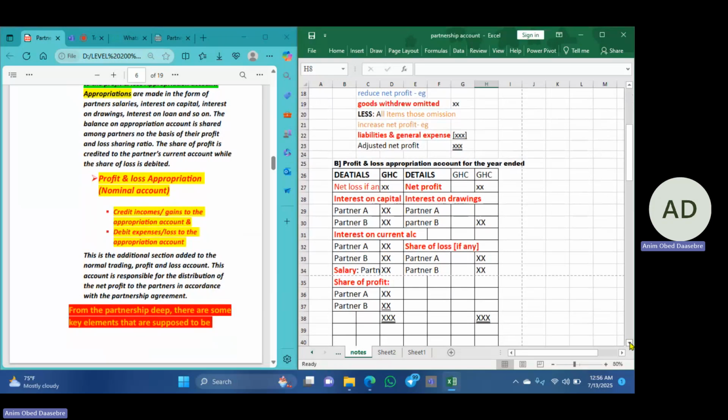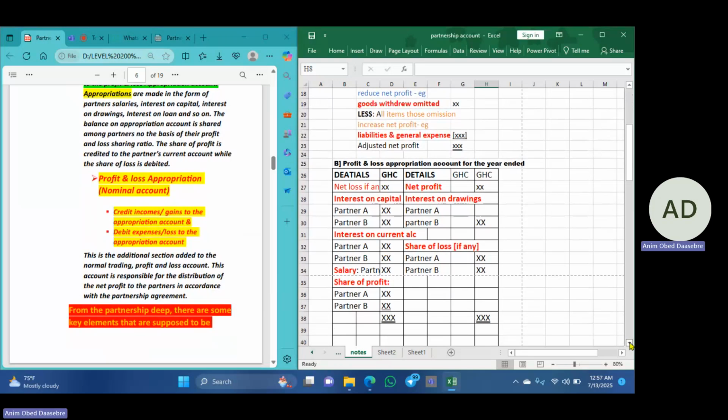So it uses the principal underlying nominal accounts to do the recording. This is the basic accounting treatment for recording in the profit and loss appropriation account. Do you get it? Like I said, this is an additional section added to the normal trading and profit and loss account.